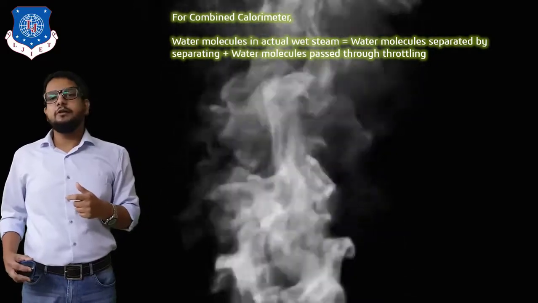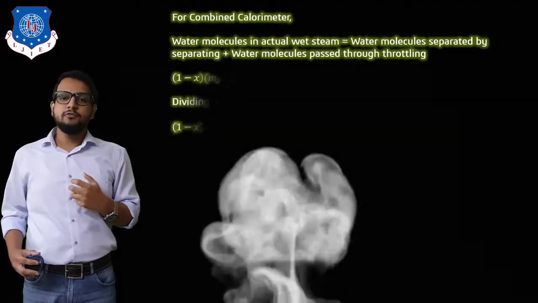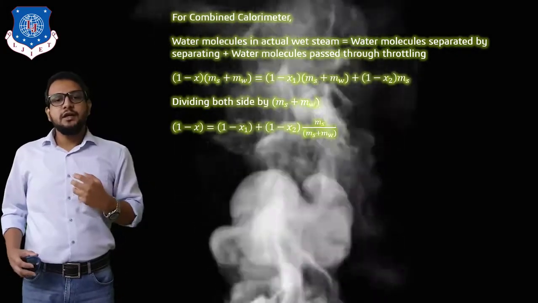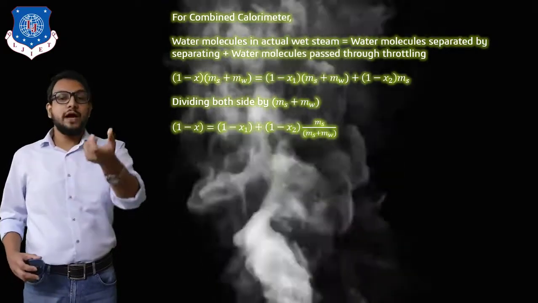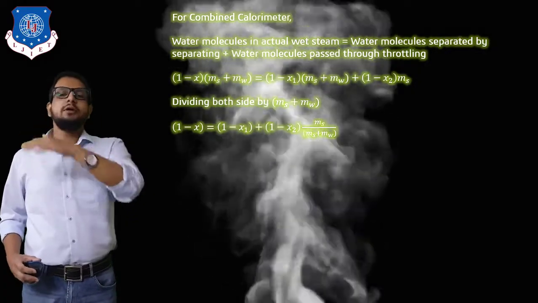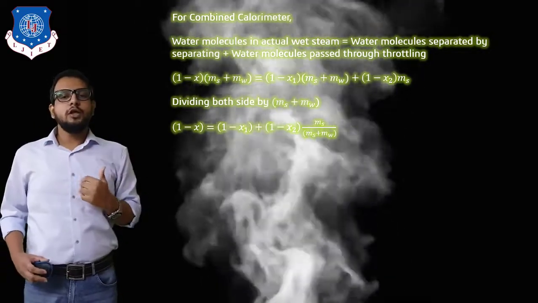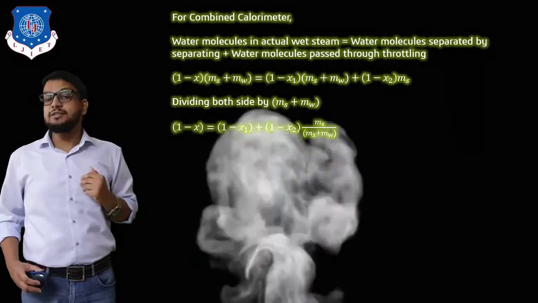So how can we write the equation for the mass of water molecules? We would say the formula is, as we have seen, mw equal to 1 minus x into ms plus mw. So 1 minus x into ms plus mw equals the water molecules separated by the separating calorimeter. How much is that mass?